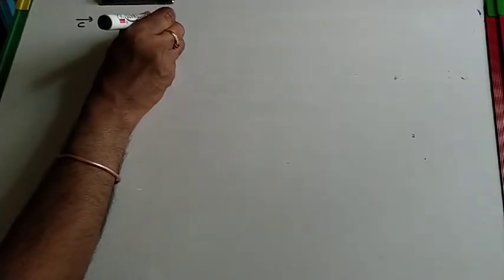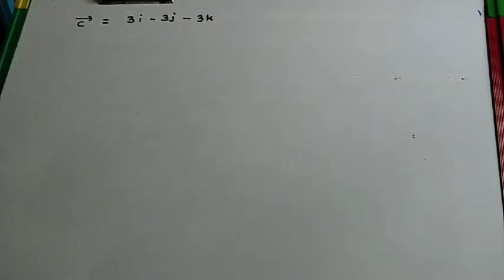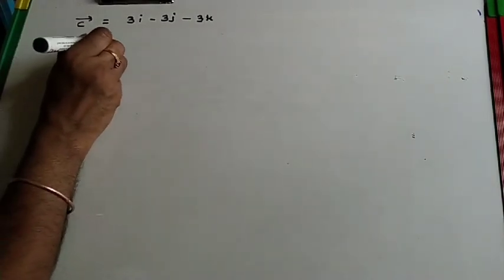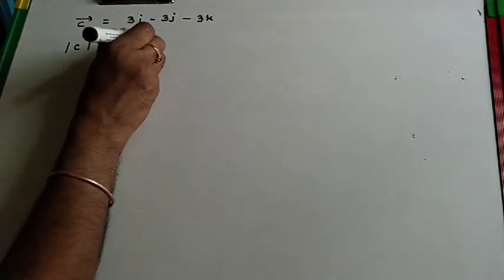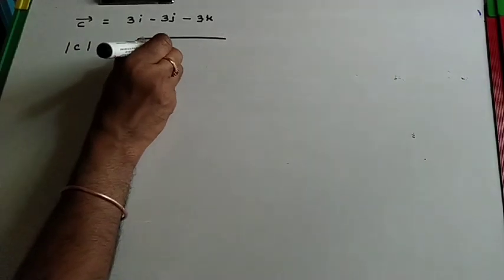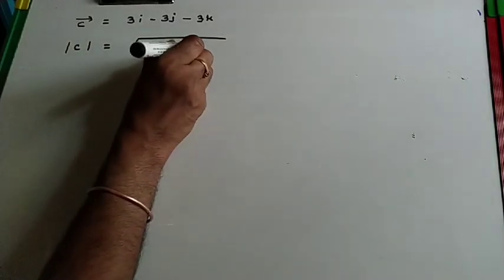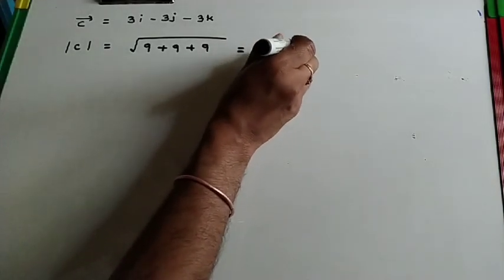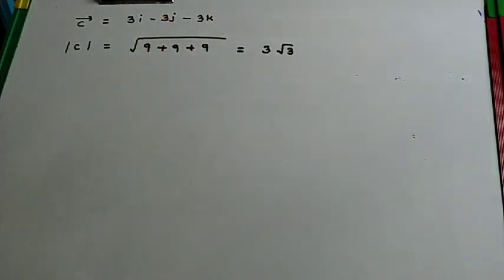Therefore, C vector is equal to 3i minus 3j minus 3k. Therefore, magnitude of C is equal to root of 9 plus 9 plus 9, that is equal to 3 root 3.